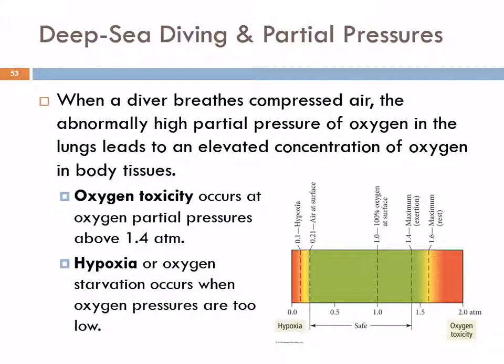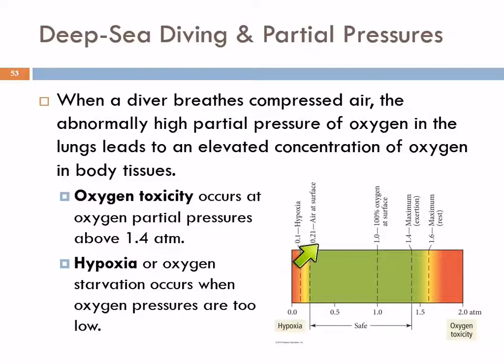And then you get a higher concentration of oxygen in your tissue. You might think, well, oxygen's good. We need oxygen to live. But anything at too high of a level is toxic. And so oxygen toxicity occurs somewhere above 1.4 atmospheres of oxygen.